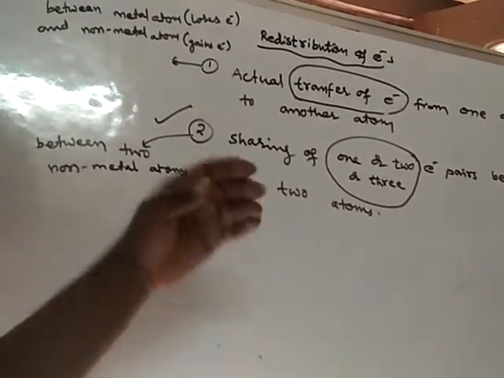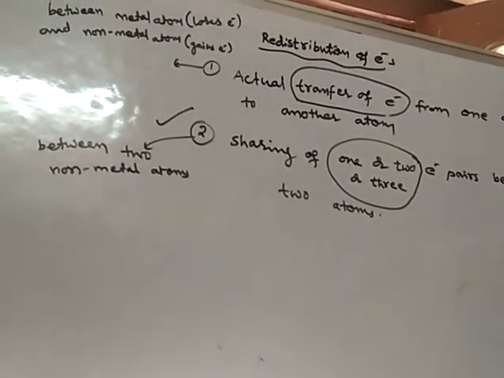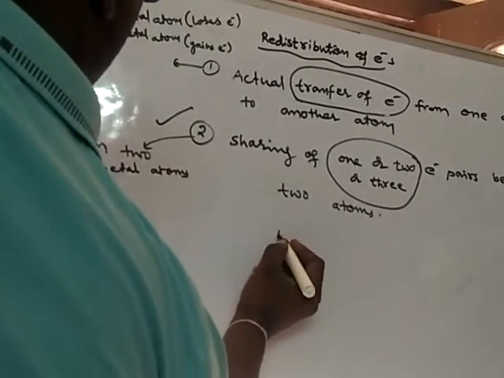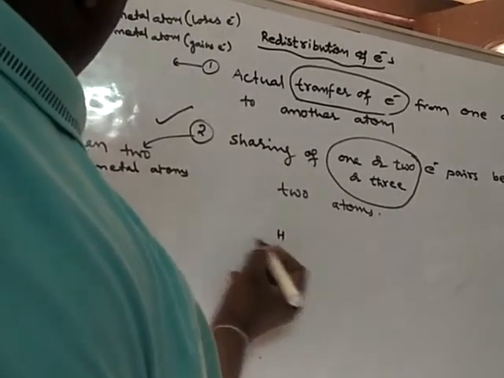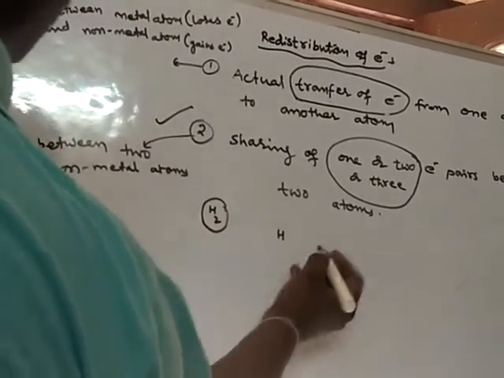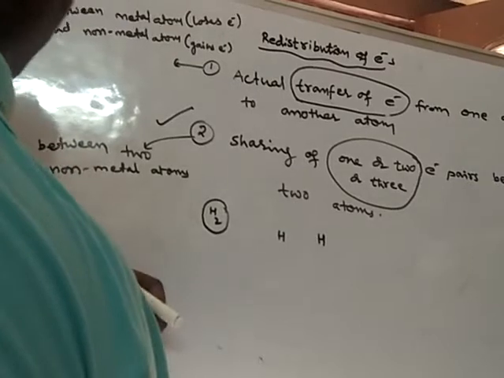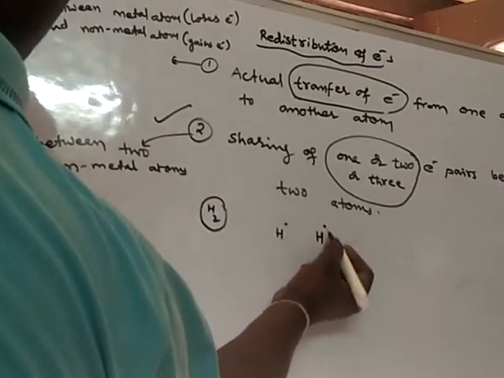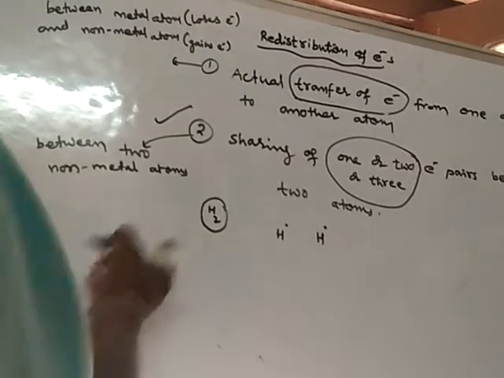This takes place between the 2 non-metal atoms. For example, take hydrogen. If you consider the hydrogen molecule, in it there are 2 hydrogen atoms. How are these 2 hydrogen atoms converted into H2?